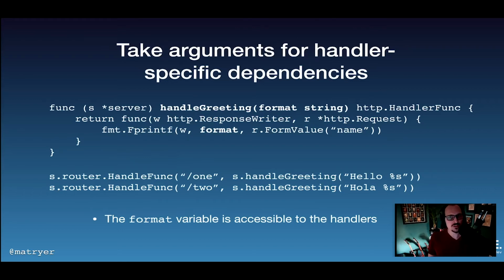And that can be very useful. Again, it's very clear. And it also means that you don't get this greeting handler until you pass a format string. You have to pass a format string in, otherwise the compiler is going to complain. So that's very nice compile help when it comes to actually using these handlers.